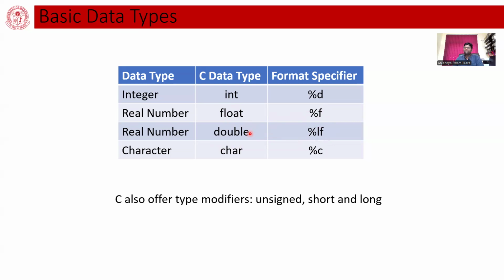For double we use 64 bits to represent the real number, whereas for float we usually use 32 bits. If you want to read a character from the user, we have %c. Similarly, if you want to read a string, which is a sequence of characters, we use %s. That comes in a later part of the course when we talk about lists and arrays.